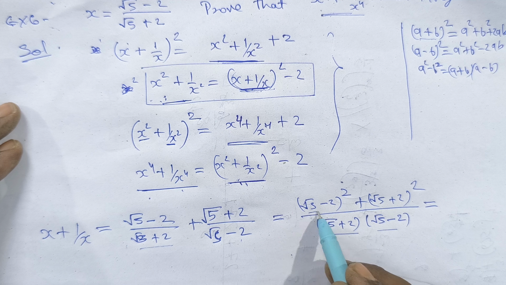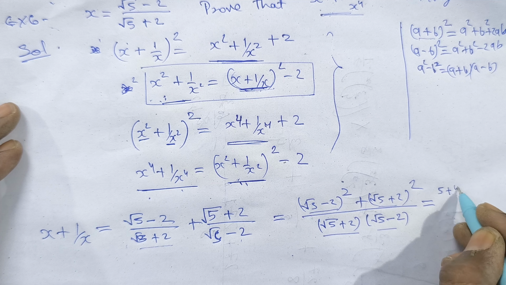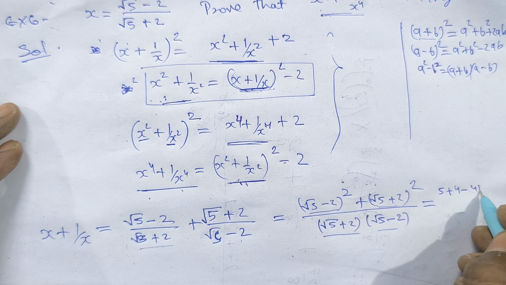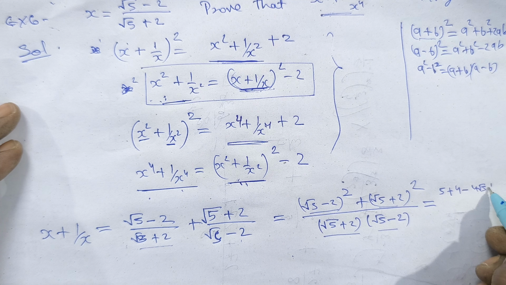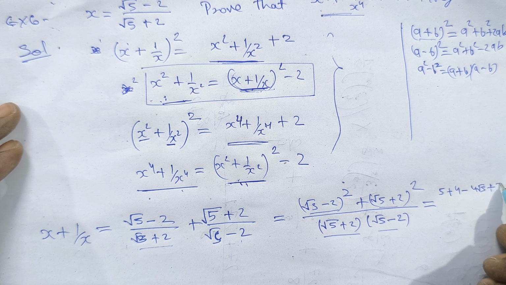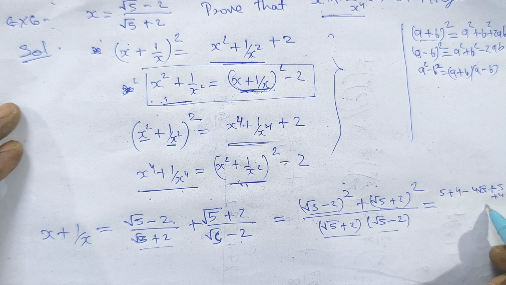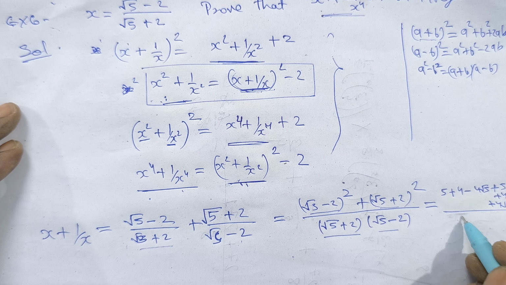So this will become a minus b whole square, a plus b whole square. So this will be 5 plus 4 minus 4 root 5, and 5 plus 4 plus 4 root 5. Understood? So this will be 5 minus 4.